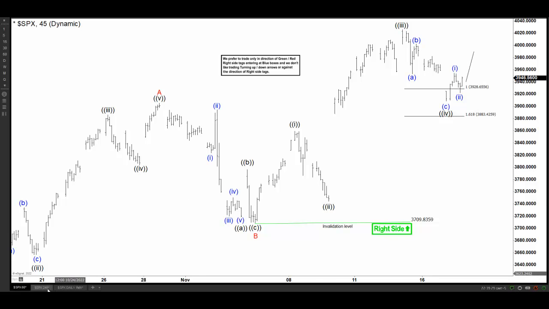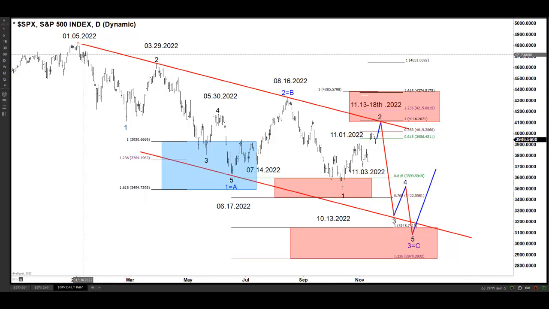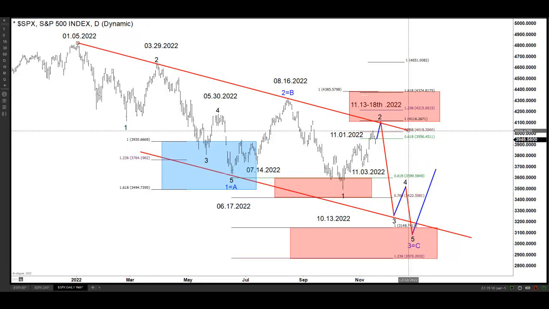Most likely the S&P should be extending within the next few sessions into the 40-80 area right here, which is the 100% from here, and also the trend line coming down from here. Around that area, it should be trading into this area, which is the 100% from here.